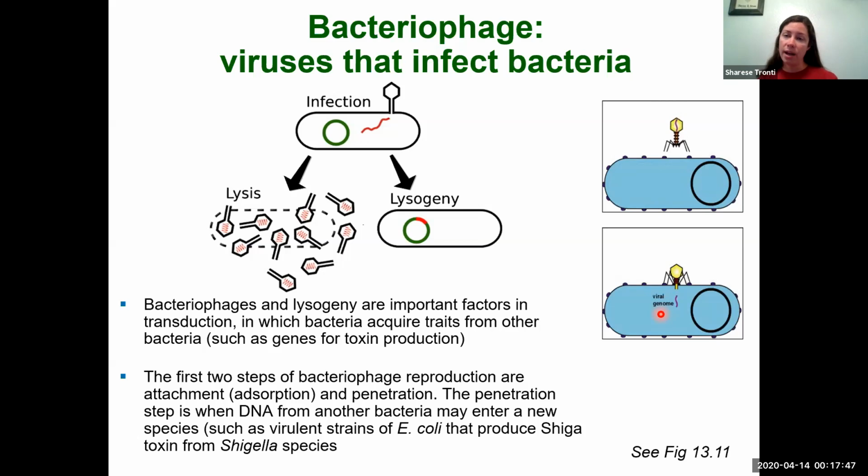They will induce that phagocytosis themselves when they attach to the cell. So different viruses have different methods of entry, but all viruses attach to the cell and get their genetic material inside the cell. It's just that the method will vary sometimes.